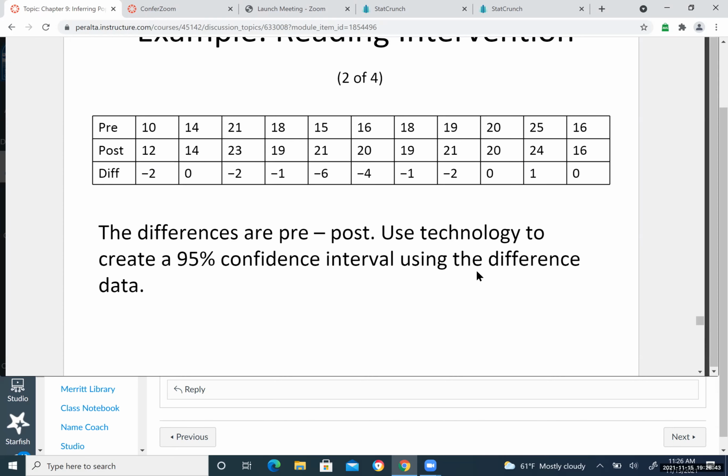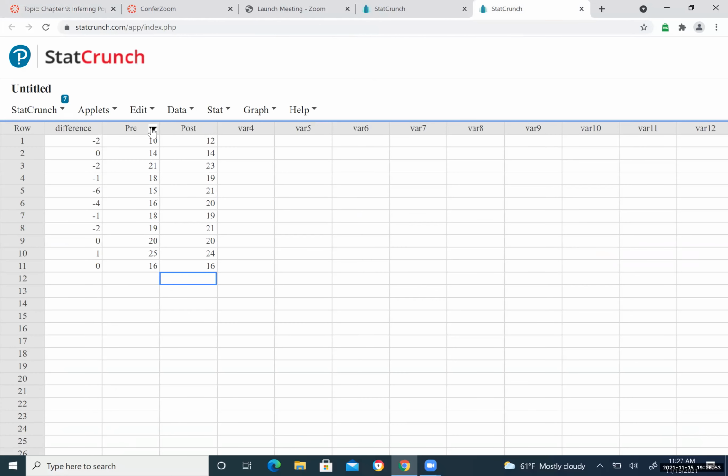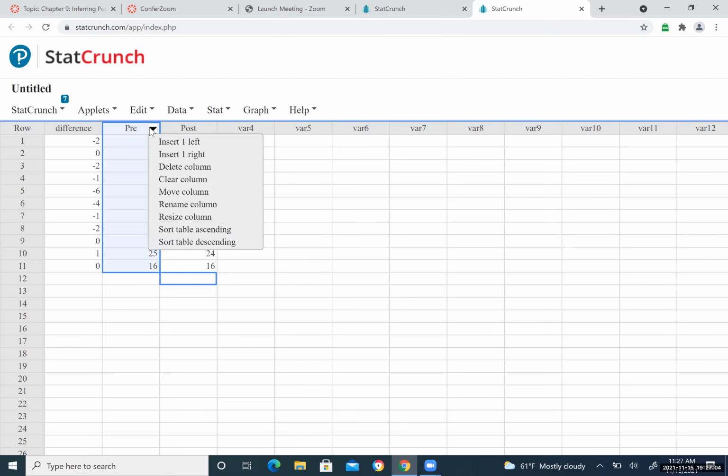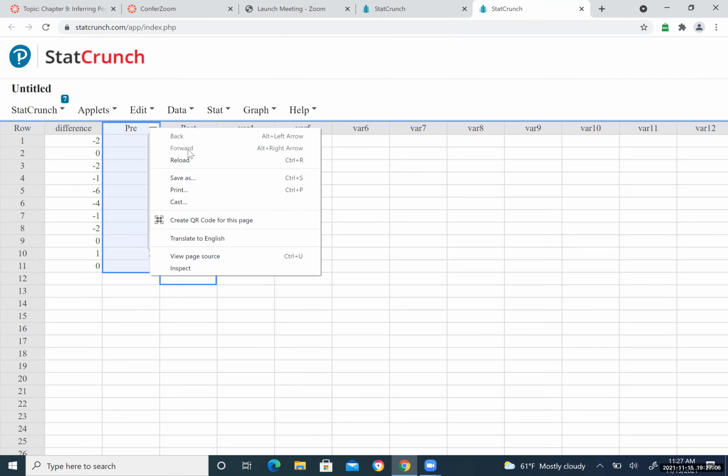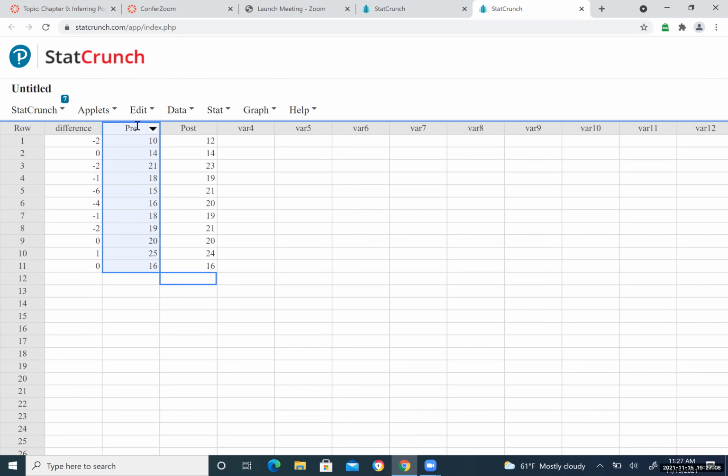Then I want to try if I don't use pre or post, but use the difference column. So let me remove. I'm pretending you all followed all of this already. You have to type in all, right? So I want to make a test, like if I remove this column, let's see.